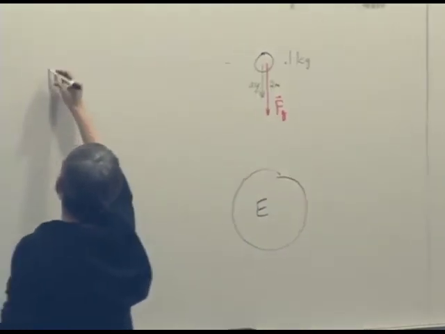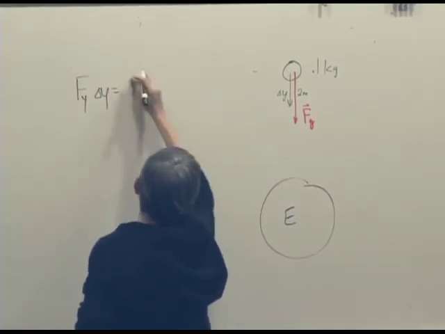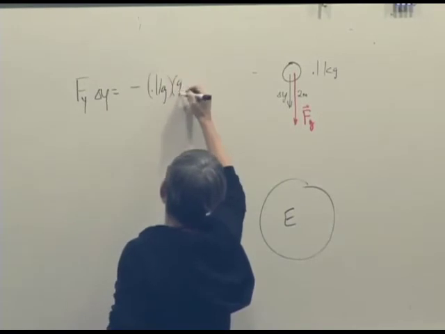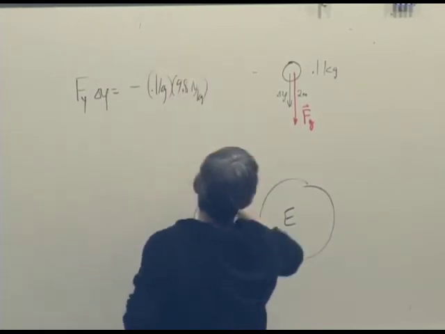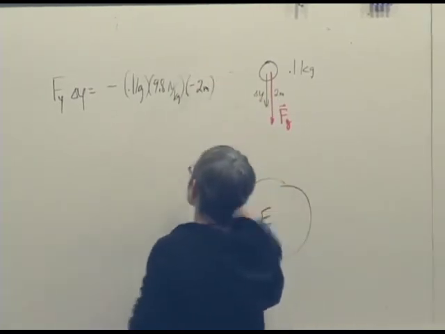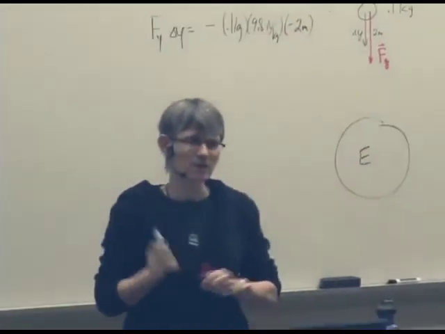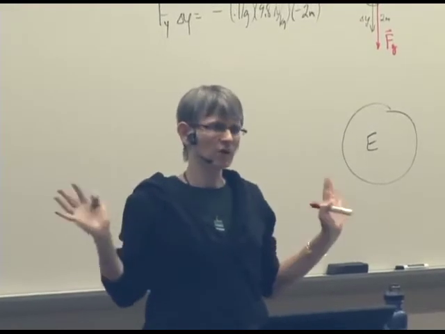So we have Fy delta y is minus 0.1 kilograms times 9.8 newtons per kilogram times negative 2 meters, isn't it? So we get a positive work. So the Earth does plus 1.96 joules of work on the ball.